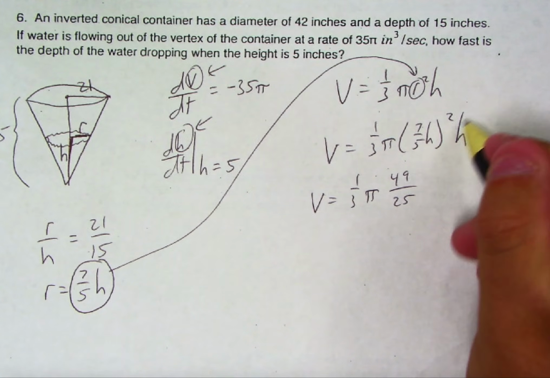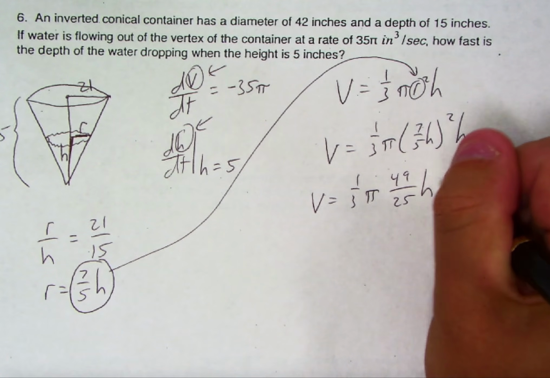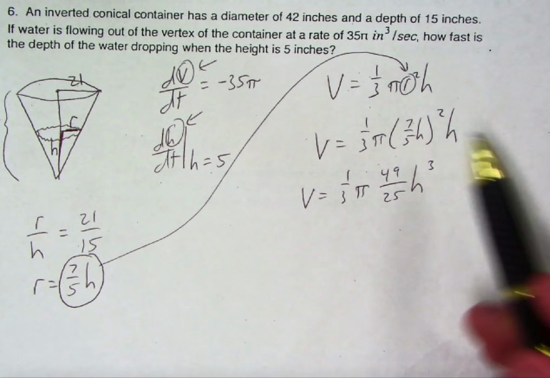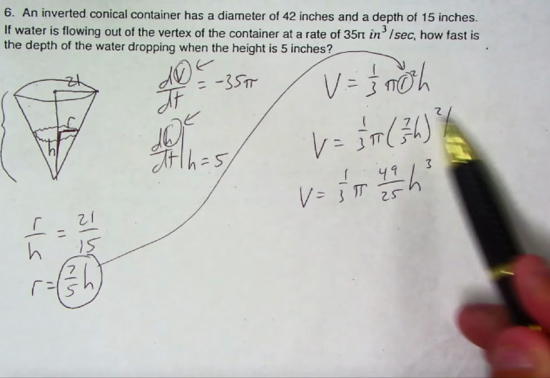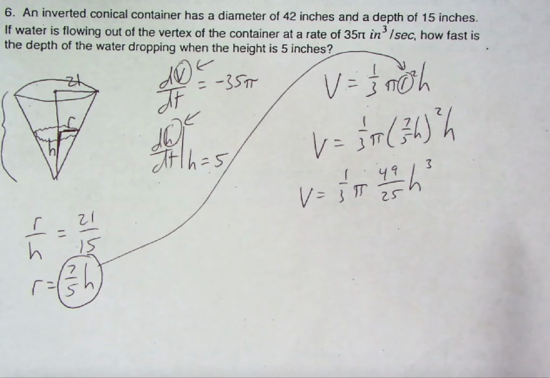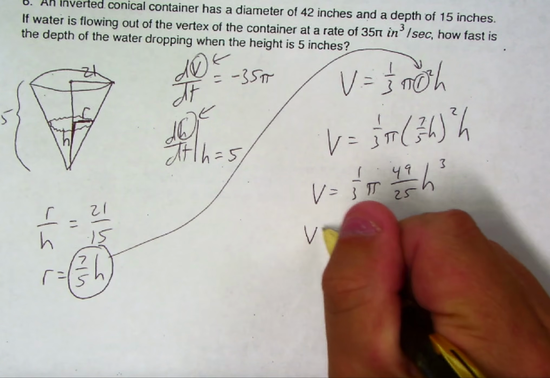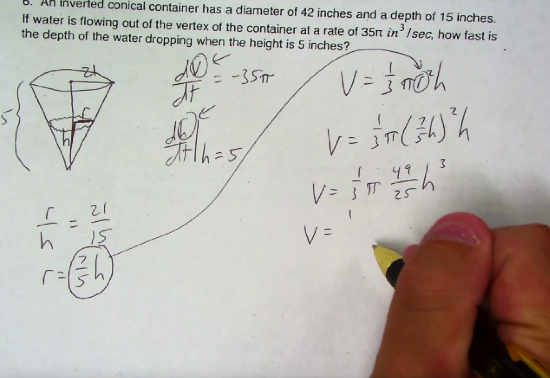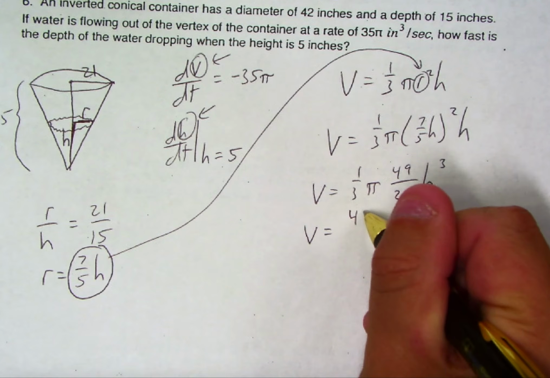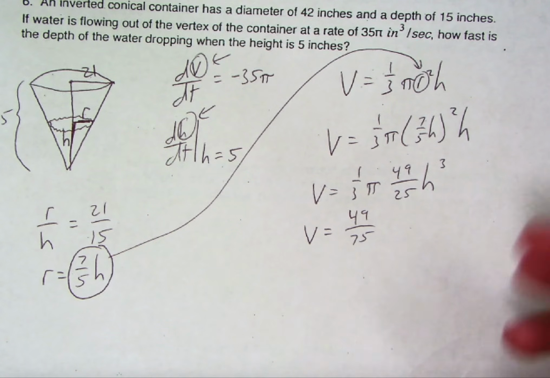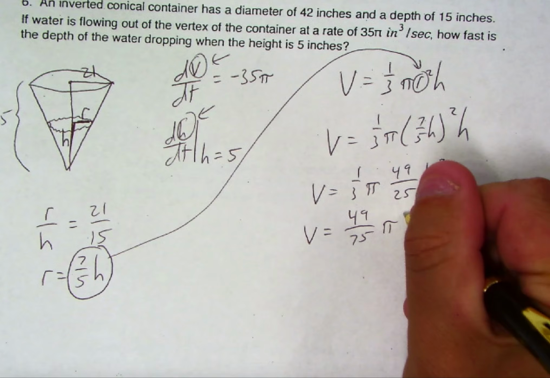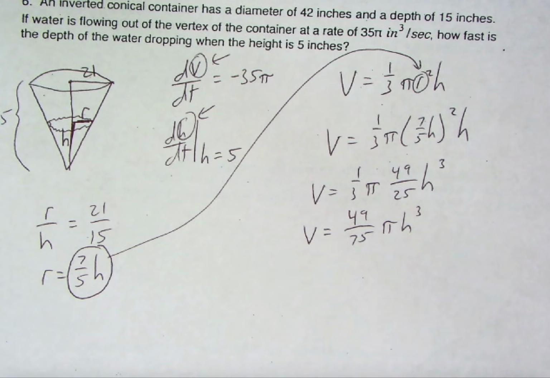And then multiply by this h, so that's going to be h cubed. So I distributed the 2, and h squared times h is h cubed. And then I can even go one step further and multiply my fractions together. So 49/75. I don't know if that reduces.